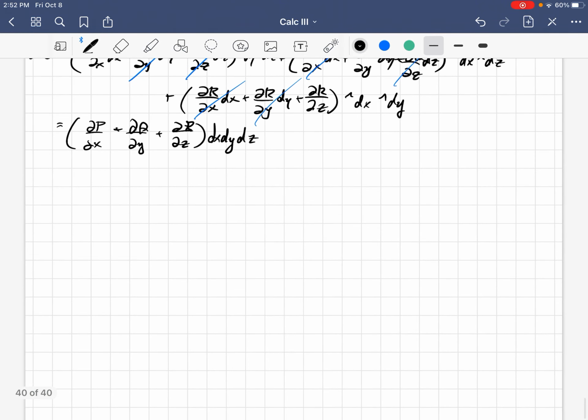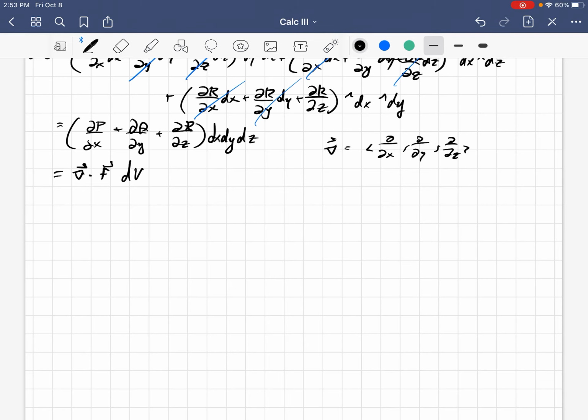Oh, wait a second. That is nothing but what we define as the gradient pseudovector dotted with our vector field F dV, right? Where the gradient pseudovector is really an operator. It's the partial with respect to x, partial with respect to y, partial with respect to z.